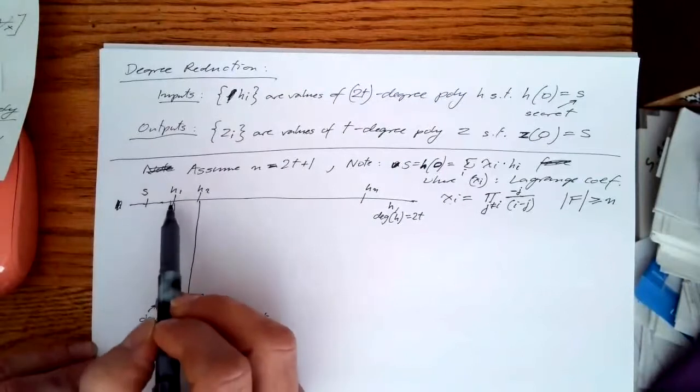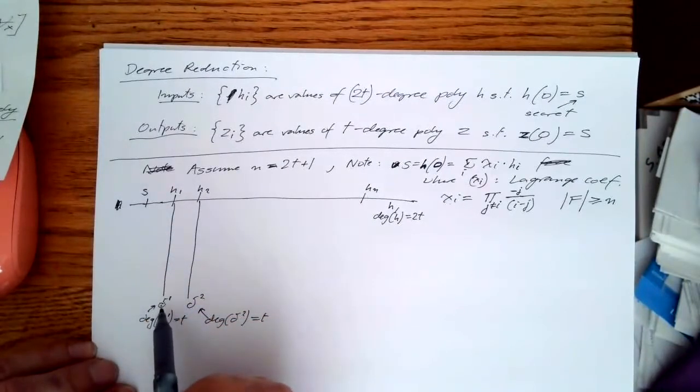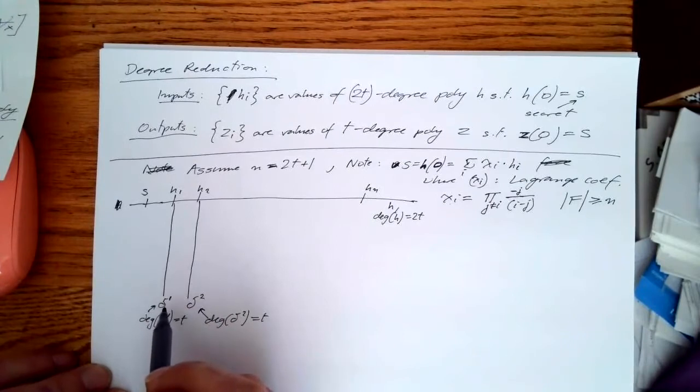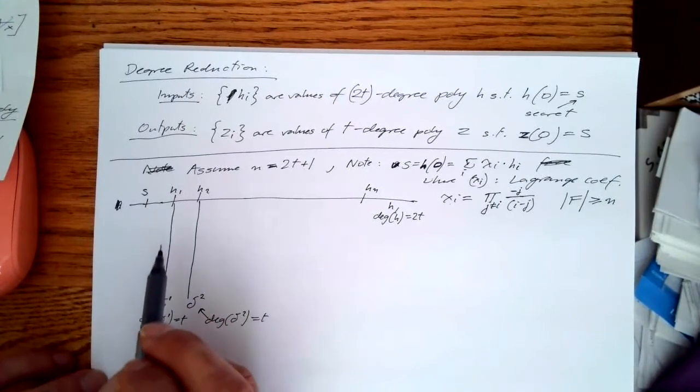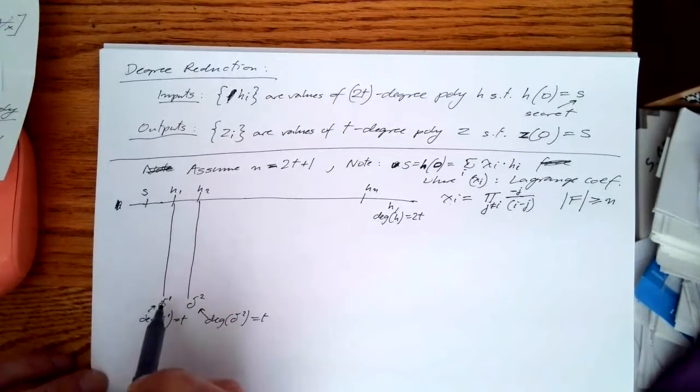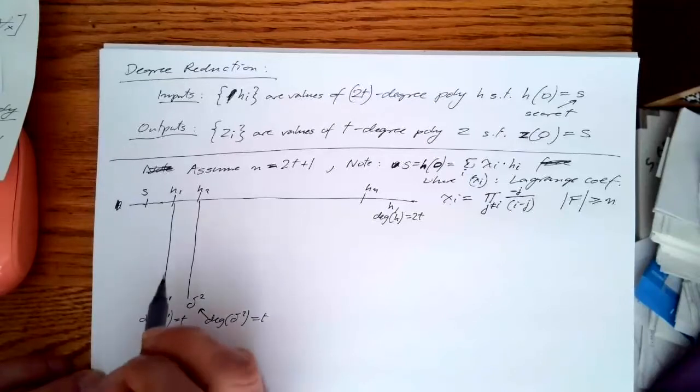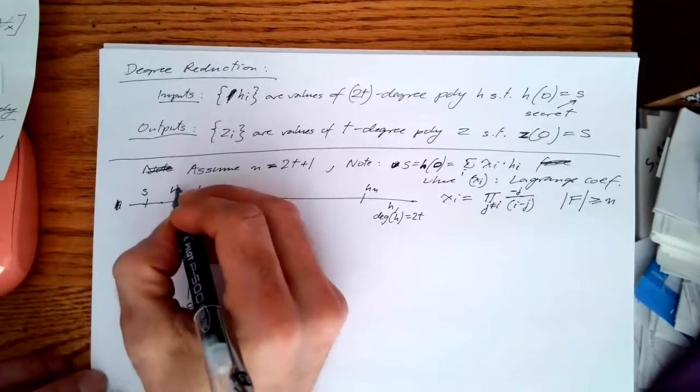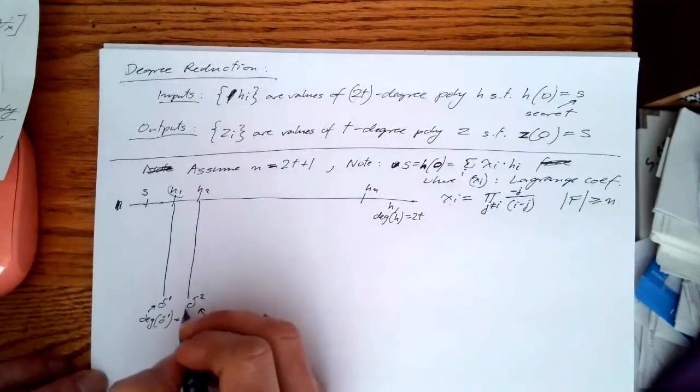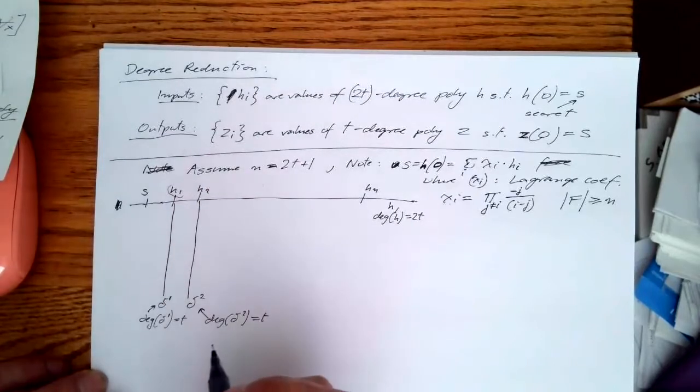Every player will secret share using Shamir secret sharing a polynomial delta i for player i. But now these polynomials in the degree reduction step, what they share is not 0. This polynomial will share h1, and this polynomial will share h2.